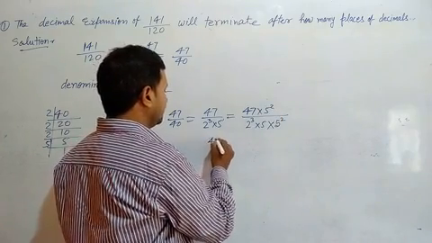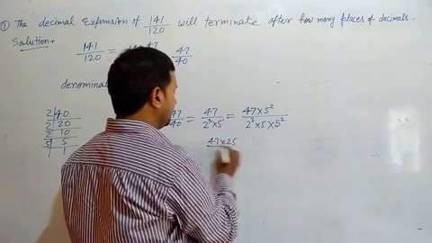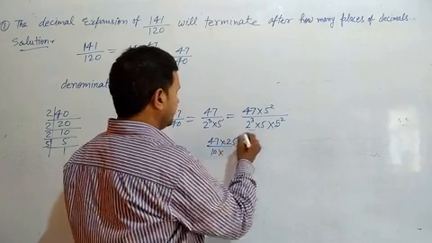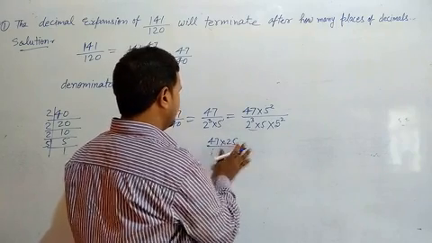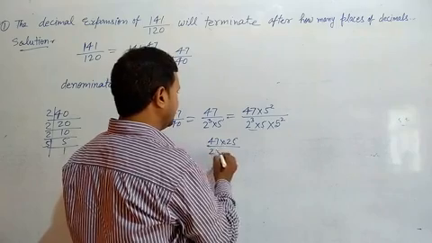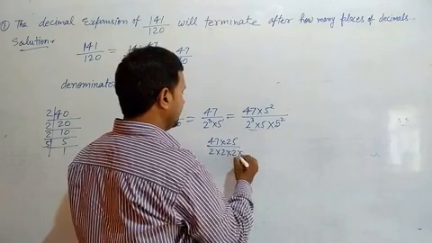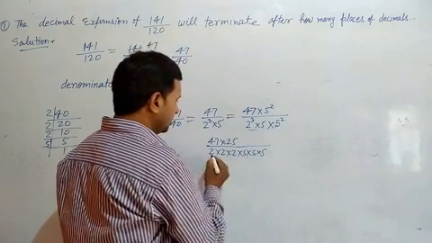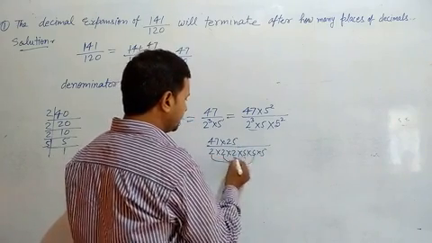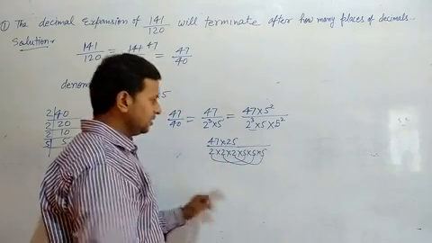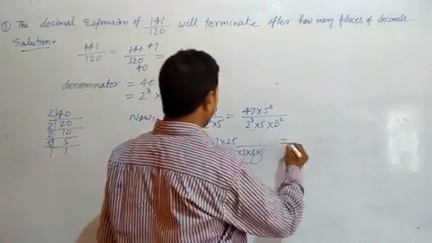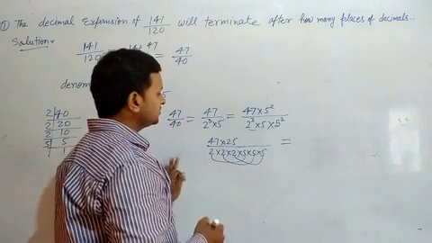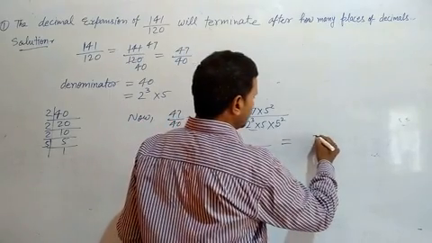See here, 5 fives are 25. So 47 into 25 upon 2 times 5 is 10. Factorizing for understanding: 3 times 2 and 3 times 5. 2 times 5 is 10, 2 times 5 is 10, and 2 times 5 is 10. Here we multiply by 25: 25 times 7 is 175.